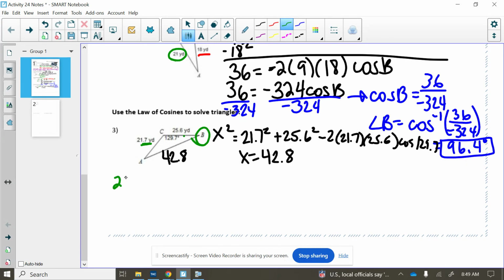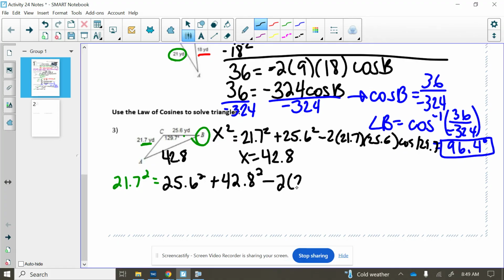It has to go by itself. 21.7 is by itself, and then the included sides 25.6 and 42.8 are on the right hand side. So squared plus squared, and then minus 2 times the two sides, not squared, cosine of, again, angle B, which we're trying to get by itself.